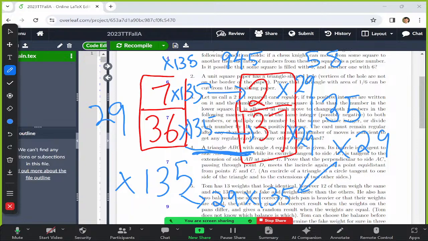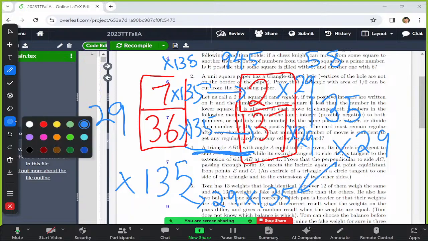So then what I'm saying is you can start with 7 and 36, and then you can times by 29 and then subtract 887 and then divide by 29, and you should be able to get 137.